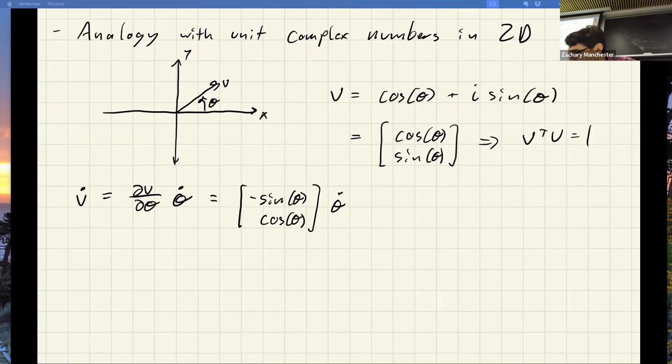I can also think about this another way. I can slightly expand this if I write my theta dot not as a scalar, but again as a 2D vector.